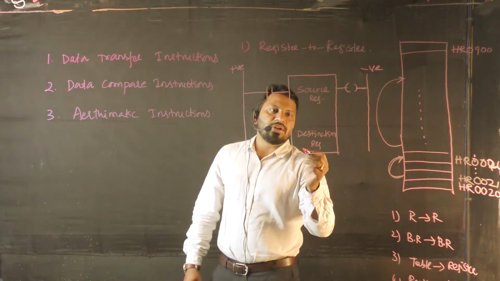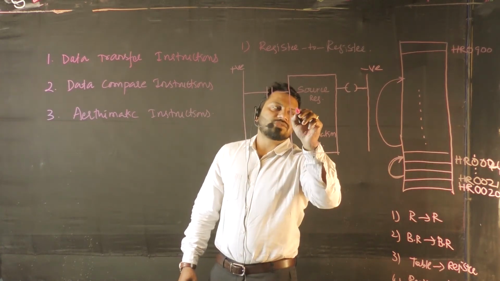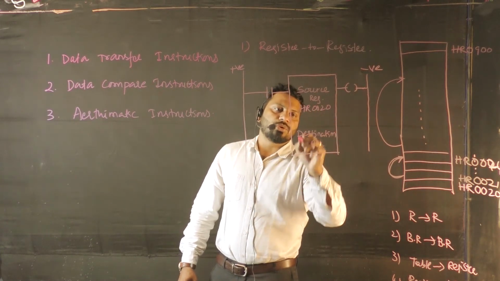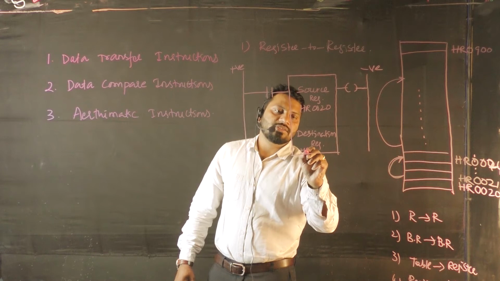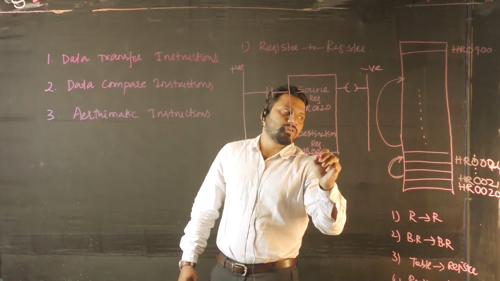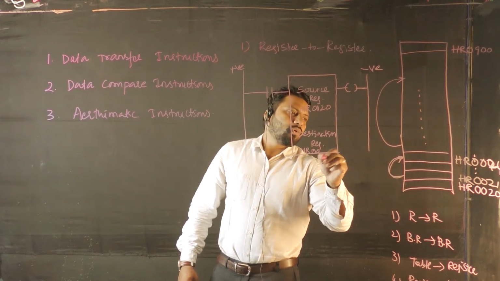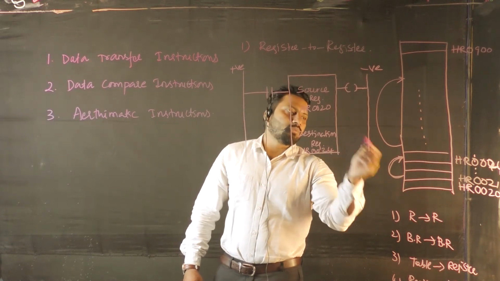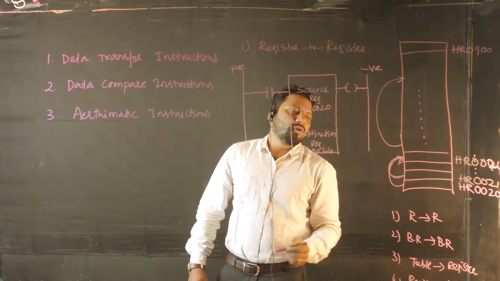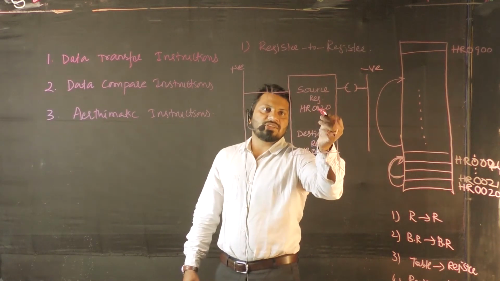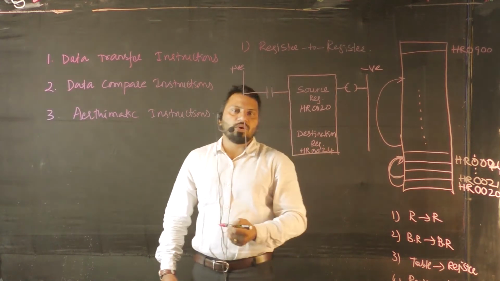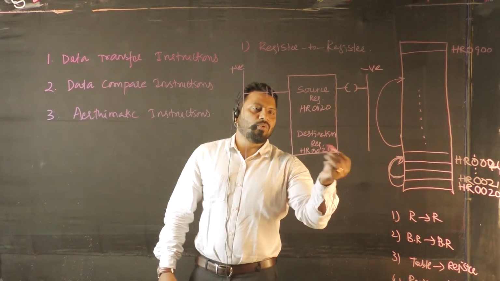Here we need to give names. This source register is holding register 0020. Similarly, the destination register is holding register 0024. For example, if you want to move data from 0020 to 0024, we write source register holding register 0020, destination register holding register 0024.